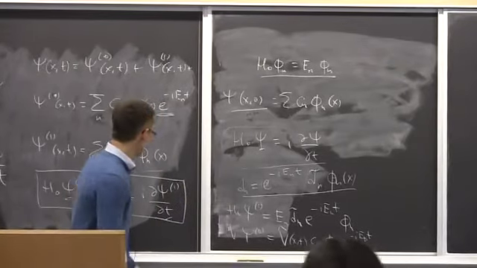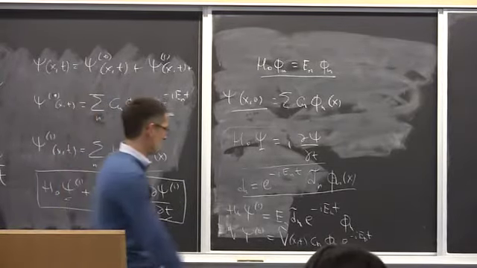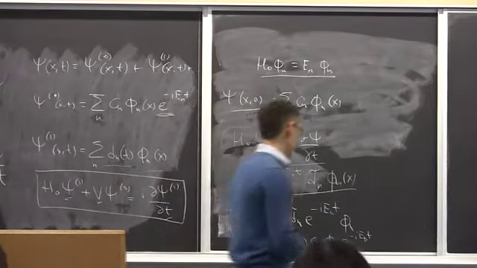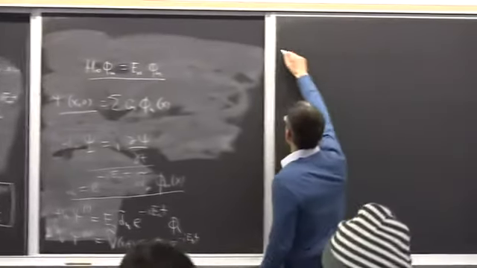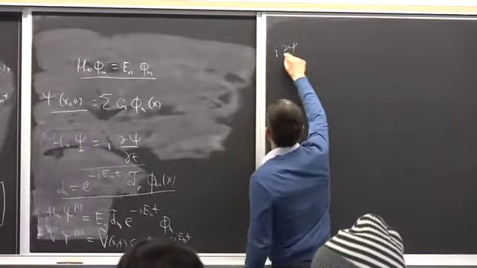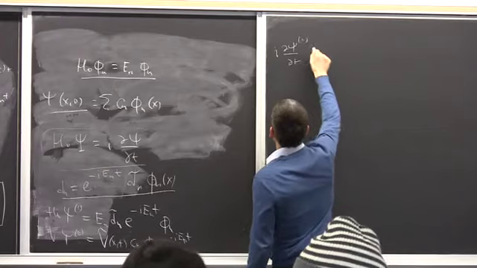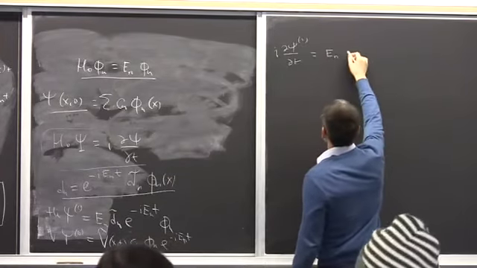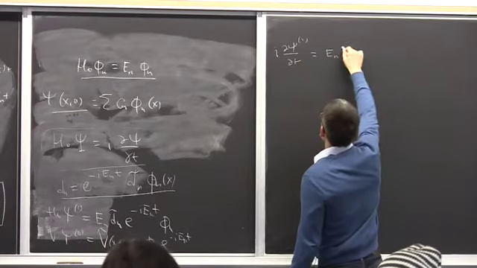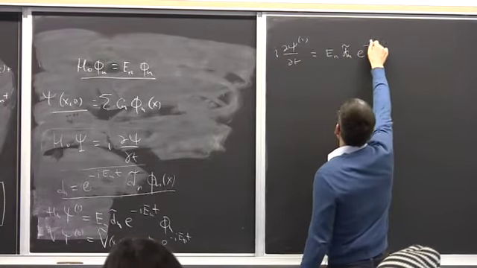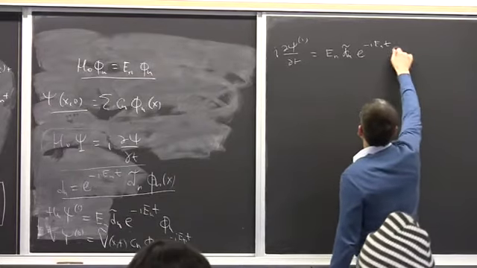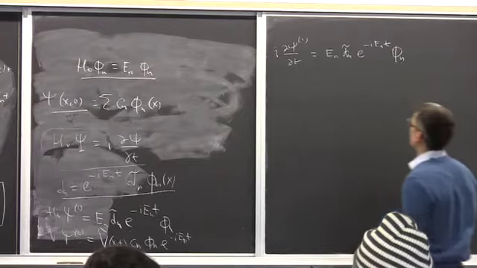Yeah. And then the derivative will get us something like this, right? So i d psi 1 will give us E_n's d_n tildes times the exponent e^(nt) phi_n's, right?